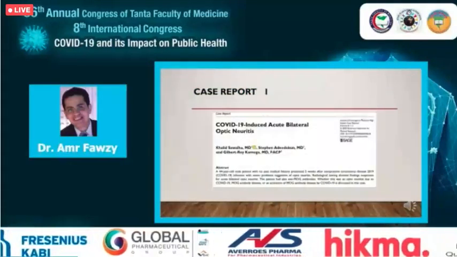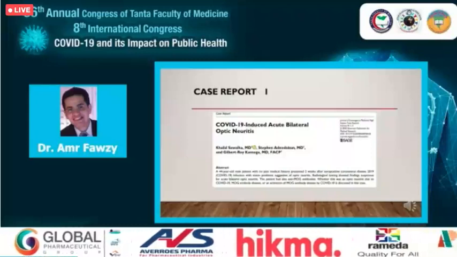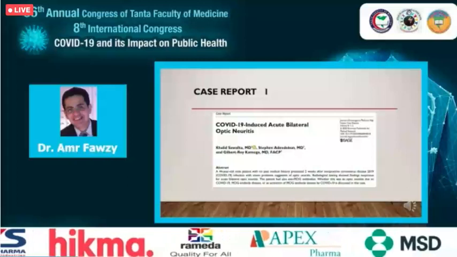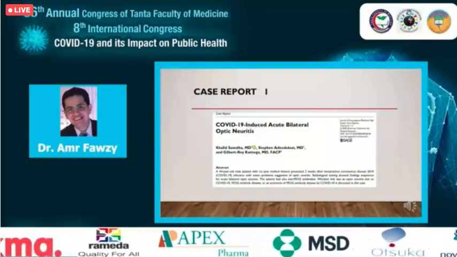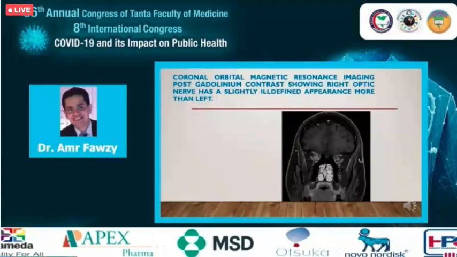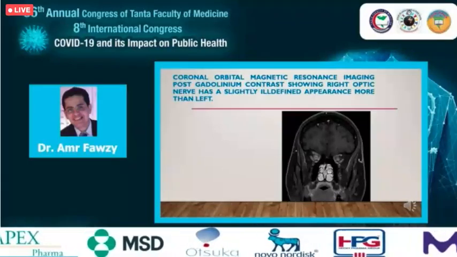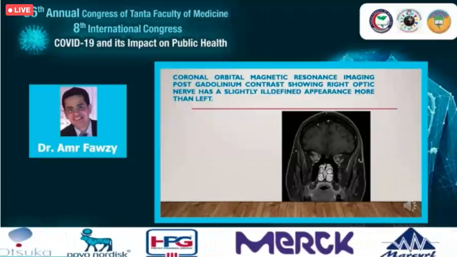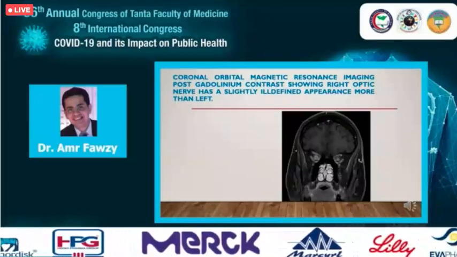This is one of the case reports present in the literature, bilateral optic neuritis with COVID-19, and this is the MRI of this patient showing the slightly ill-defined appearance of the optic nerve.